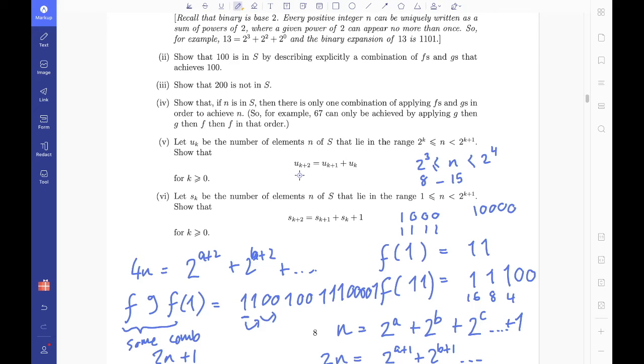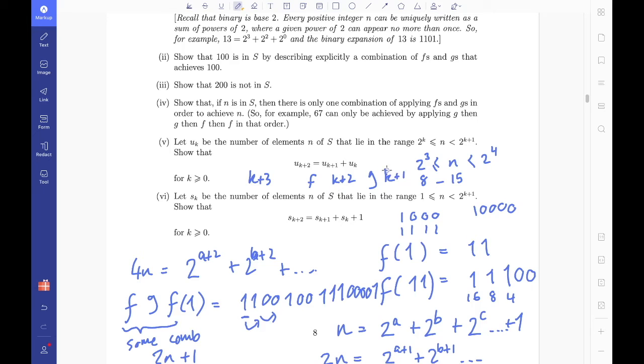It's basically saying that the elements with k plus 3 binary digits can only be made by applying f to elements with k plus 2 binary digits, or applying g to elements with k plus 1 binary digits.